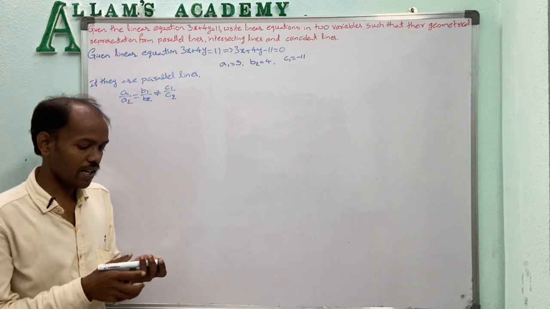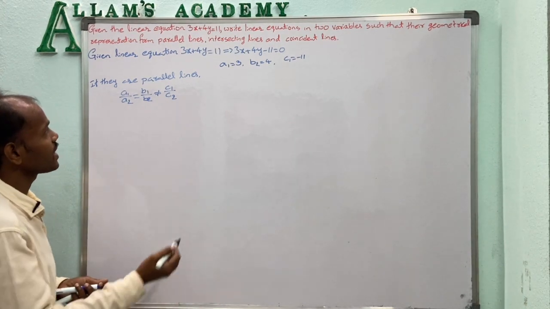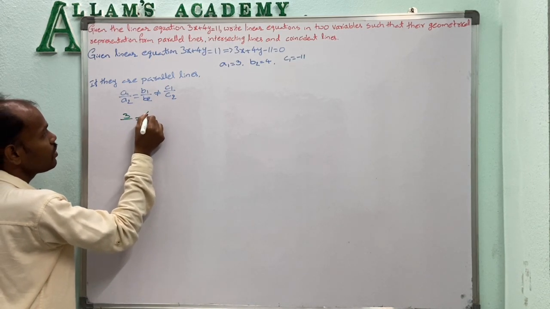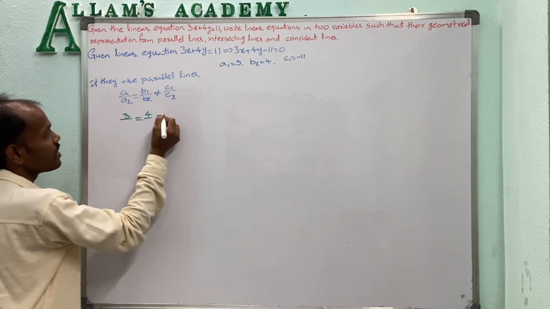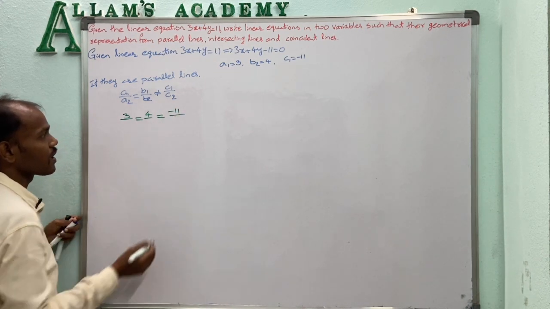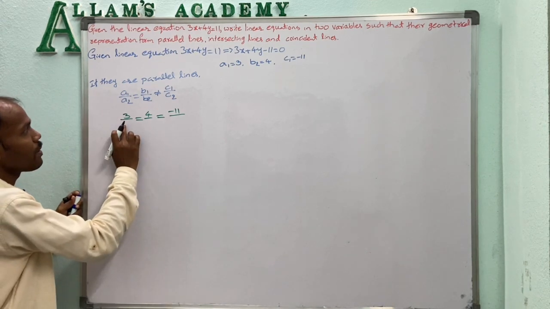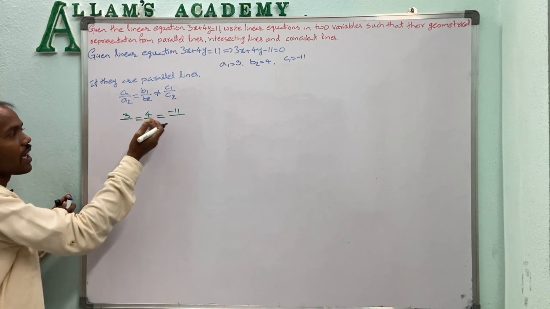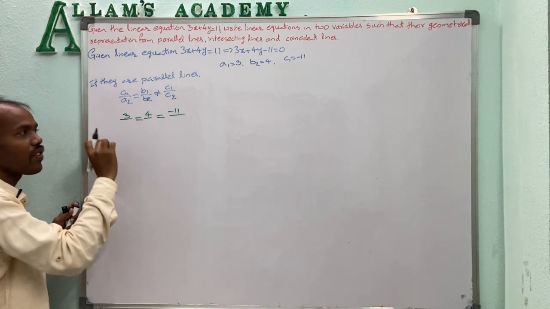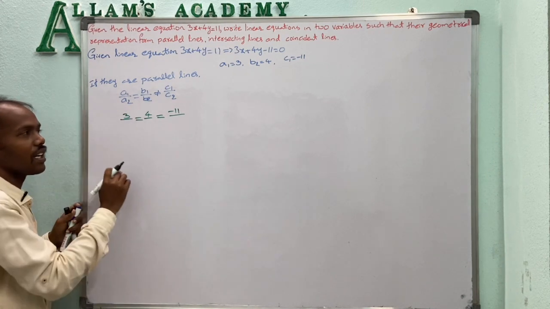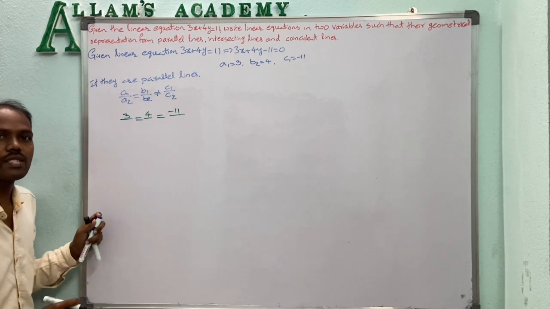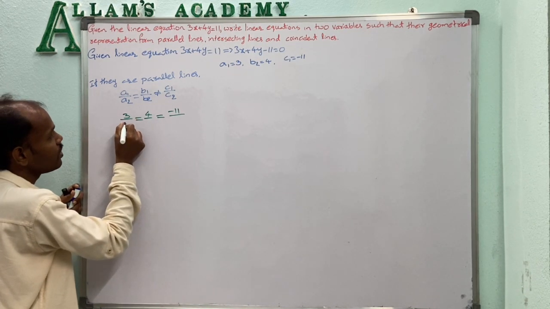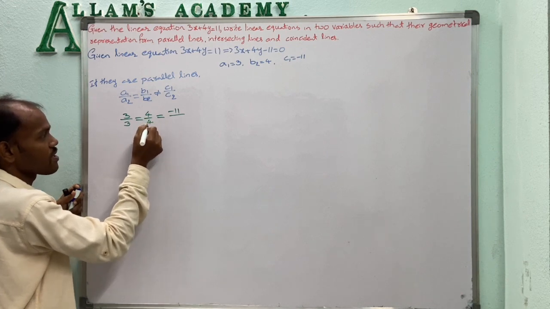Here a1 is 3, b1 is 4 and c1 is minus 11. So we take a2 equal to 3, b2 is also 4.